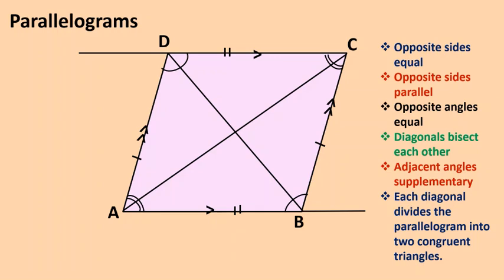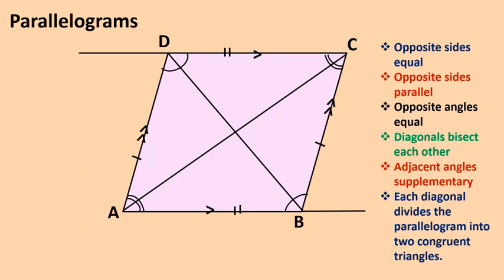They are opposite, right? Now, diagonals bisect each other. Bisect means we have already learnt this. Angle bisector cuts the angle into two equal parts. Diagonals bisect each other means one diagonal passes through the midpoint of another diagonal.